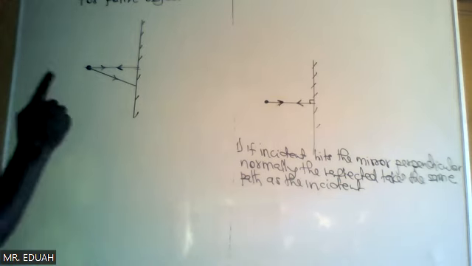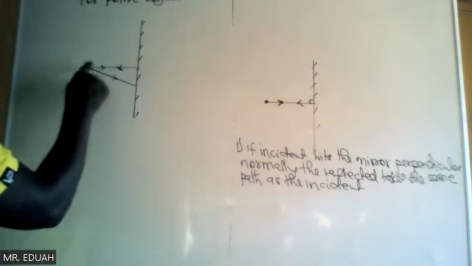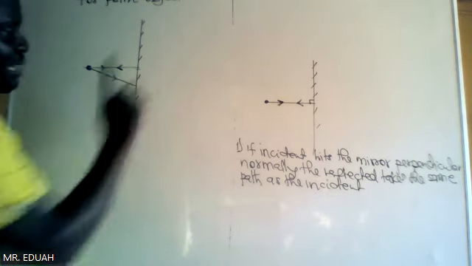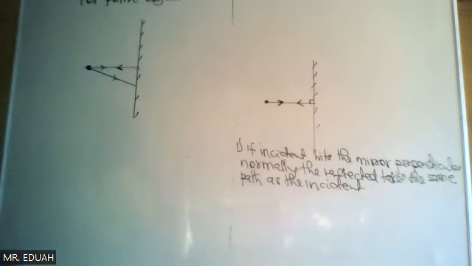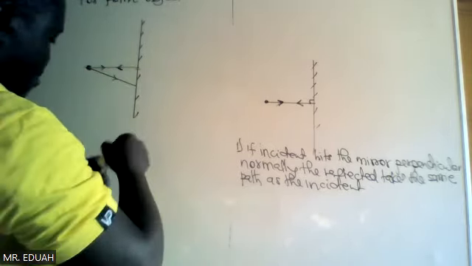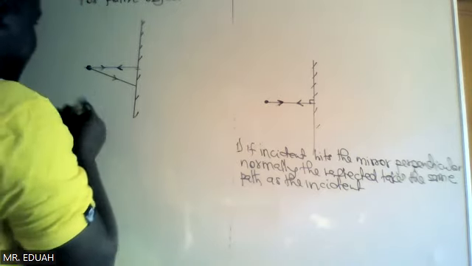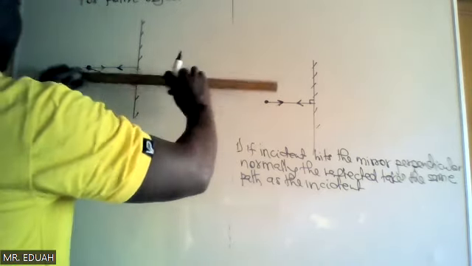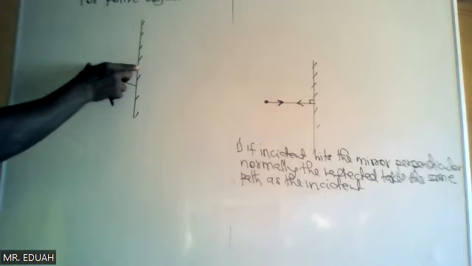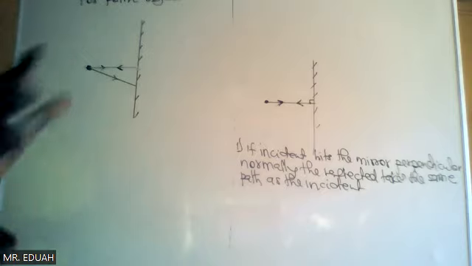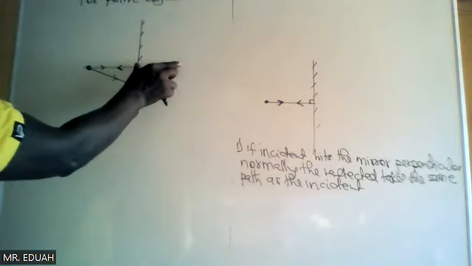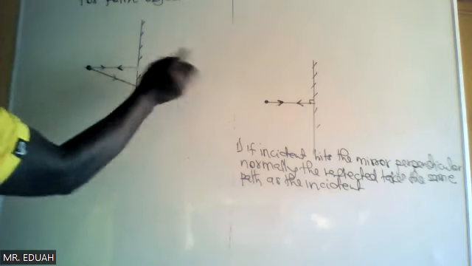So the distance from the mirror to the object and the distance from the mirror to the image must be the same. So what I'll do is measure this distance, because once there's the object, I have the object distance here. Let me assume this is X. So I take the same distance, X, at the other end.